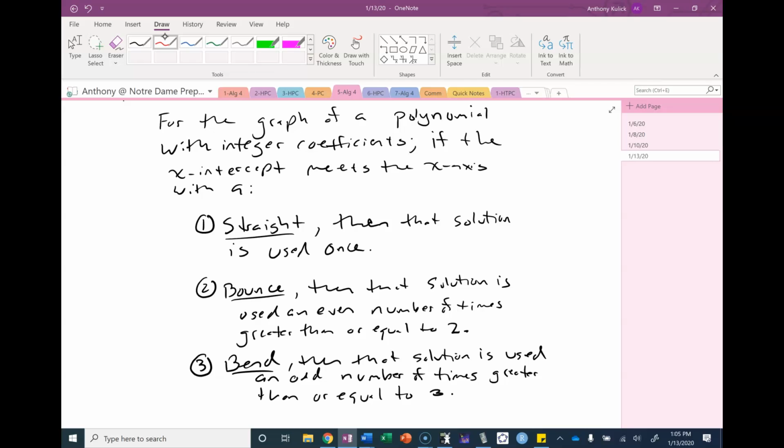With a bounce, that solution is used an even number of times, greater than or equal to 2. And with a bend, that solution is used an odd number of times, greater than or equal to 3.